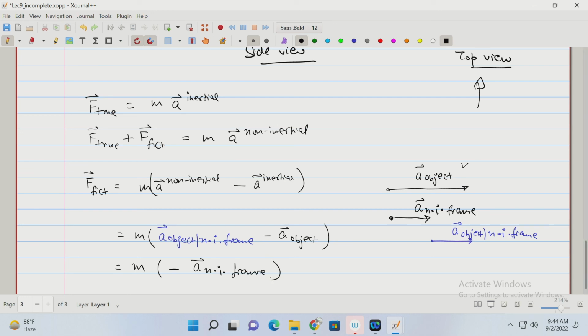So this is our fictitious force. You knew this from your understanding of centrifugal force or an accelerating frame. But we are formally writing this because now we'll have other kinds of pseudo forces as well, if you want to work in the non-inertial frame, although I'll recommend not to do that.